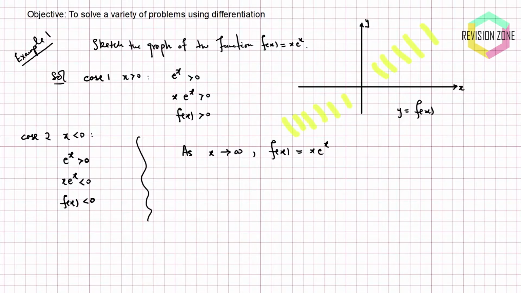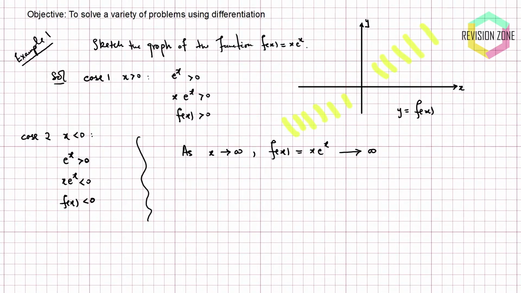But the point is, as x gets larger, e to the x gets even more larger. So this thing here is going to shoot off to infinity, right? And that's quite a cool thing. In fact, what we're going to have is the curve going up and up and up, as exponential curves usually do, but of course faster than most exponential curves because this is an exponential curve which is being scaled up by something in front.